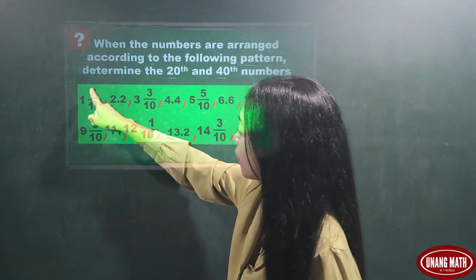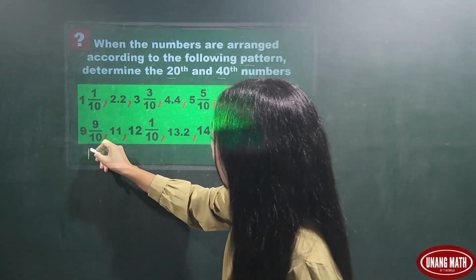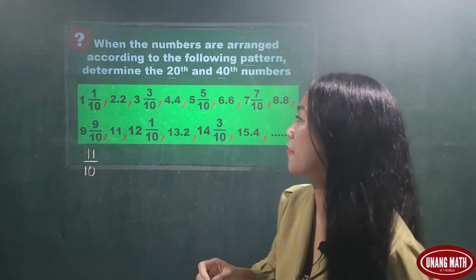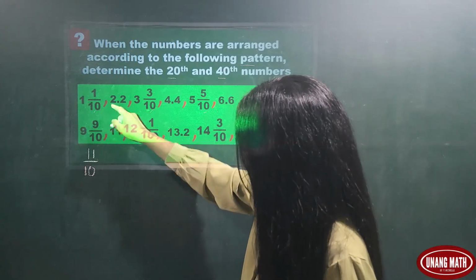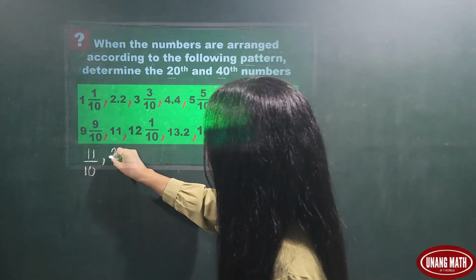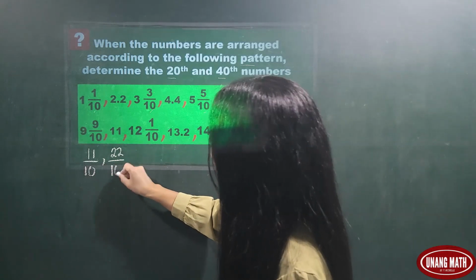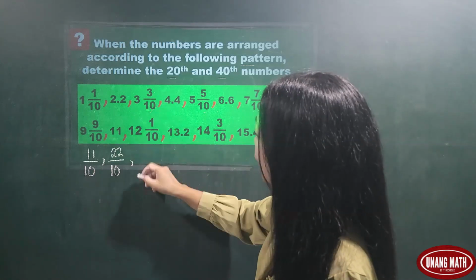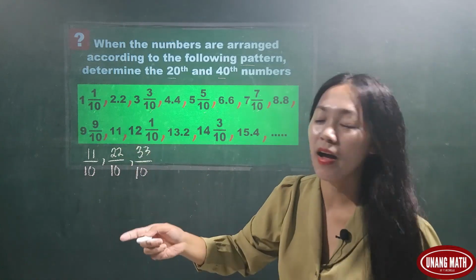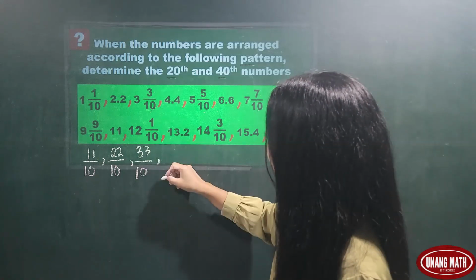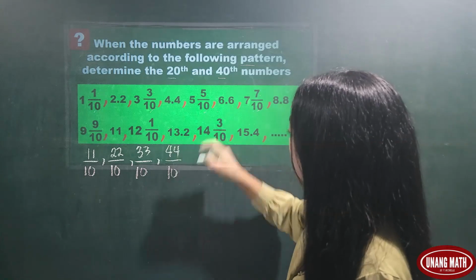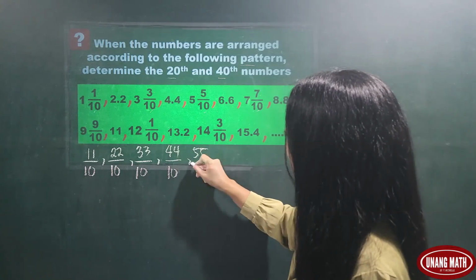Okay, ang 1 and 1 over 10, this is 11 over 10 kung i-convert as improper fraction. Okay, how about ang decimal number na 2.2? Kung isusulat ito as fraction, this is 22 over 10. 3 and 3 over 10, this is 33 over 10. 4.4, this is 44 over 10. 5 and 5 over 10, this is 55 over 10.